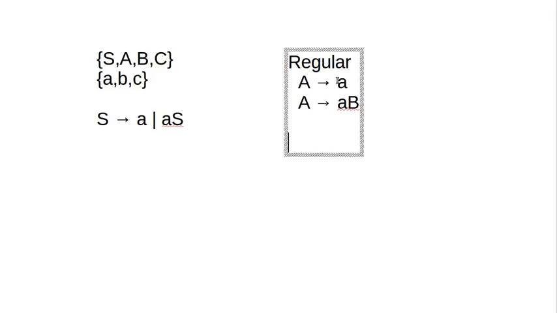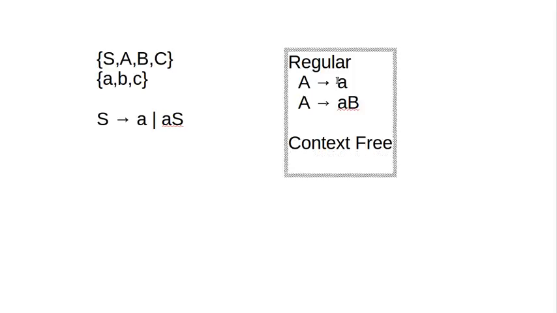The next step up are what are called context-free grammars, and context-free grammars allow you to have the form of any non-terminal goes to, I'll put a question mark, whatever we want here.